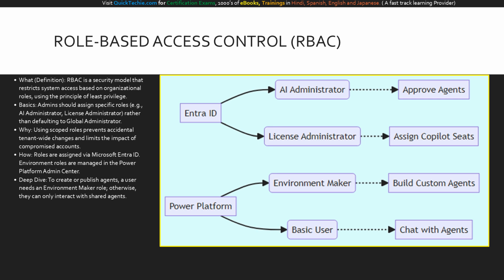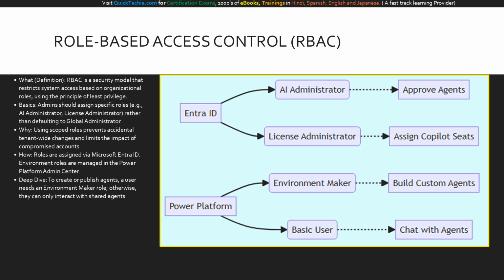Let's break down this permissions architecture. On the top left, Microsoft Entra ID handles your broad tenant roles. The AI administrator is empowered to approve agents and manage settings, while the license administrator simply assigns seats. This separation of duties is critical. On the bottom left, the Power Platform dictates what happens inside the actual workspaces where agents live.